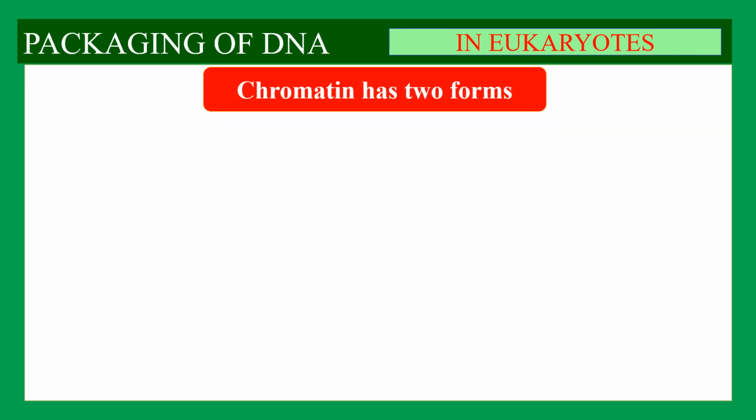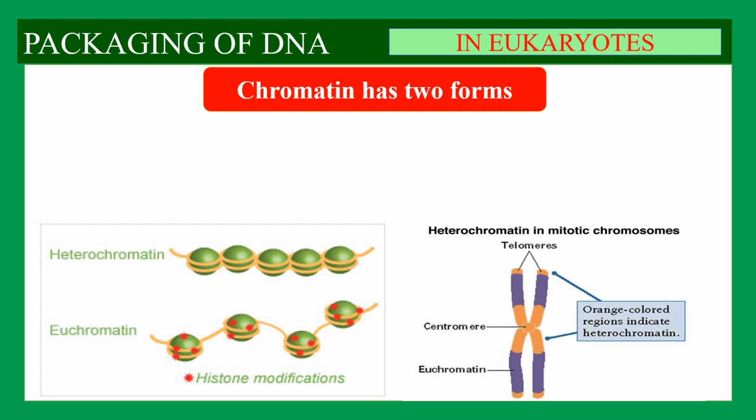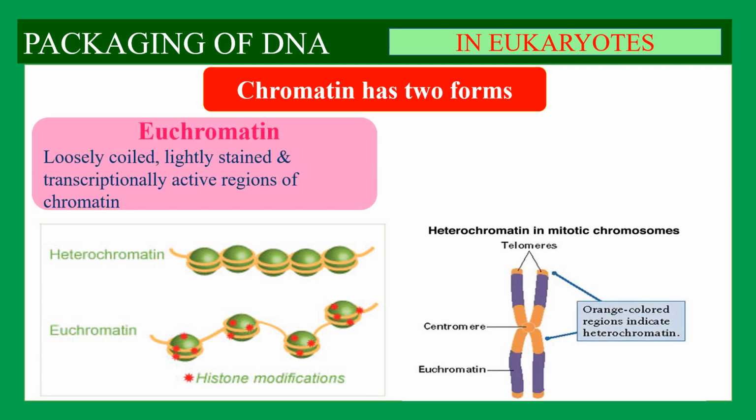There are two forms of chromatin, heterochromatin and euchromatin. At first, euchromatin: loosely coiled, lightly stained, transcriptionally active regions of chromatin are called euchromatin. Here you can observe this is the euchromatin. Here the coiling is loose, and this region of chromatin takes light stain.